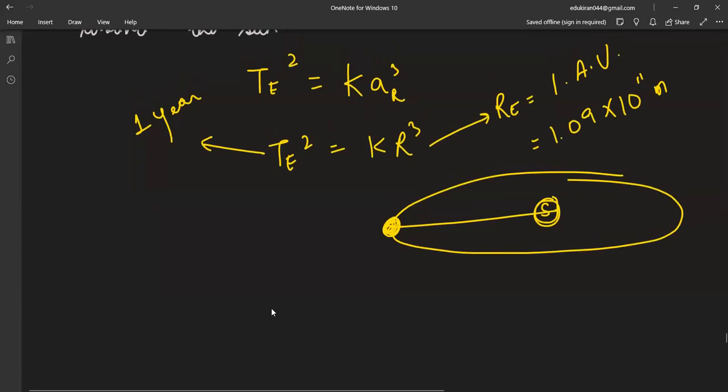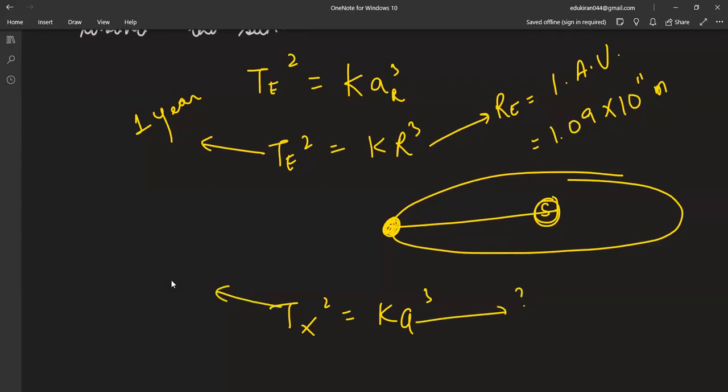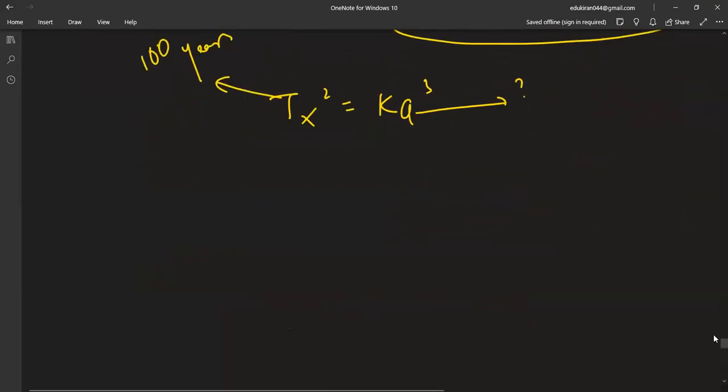Now, coming to the second one, for planet X, T_X squared is equal to K, A cubed. This A is unknown, which we have to find out. The time period here is given as 100 years. Since this is given in years, we don't need to convert it into seconds by multiplying by 3600 and 60 and so on. We already have it in years, so the unit will cancel.